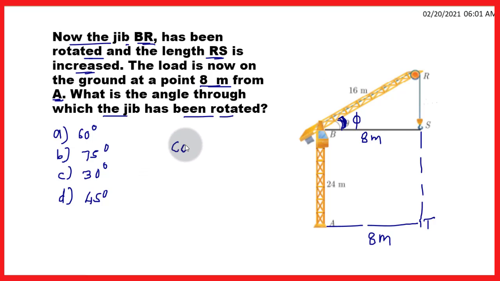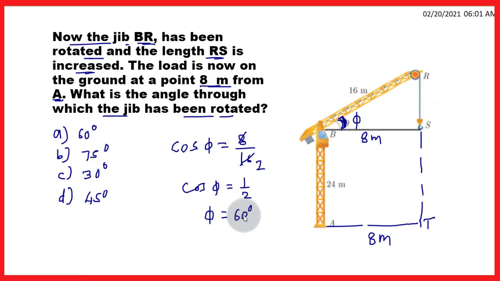So we can apply the trigonometric ratio: cos phi is equal to adjacent upon hypotenuse, that is 8/16. 8 ones are 8, 8 twos are 16, and cos phi is equal to 1/2. But we know that cos 60 is 1/2, and therefore phi should be equal to 60 degrees. And we have now got this angle phi as 60 degrees.